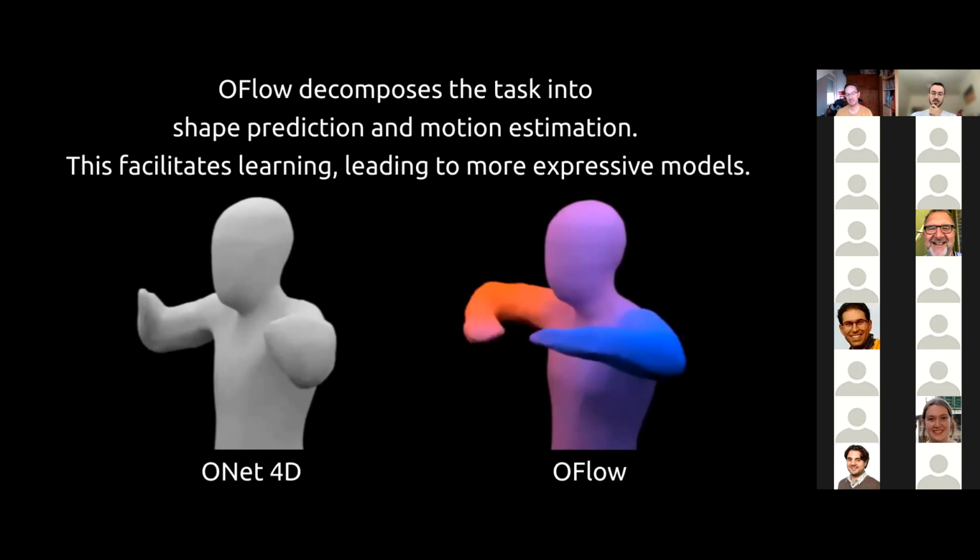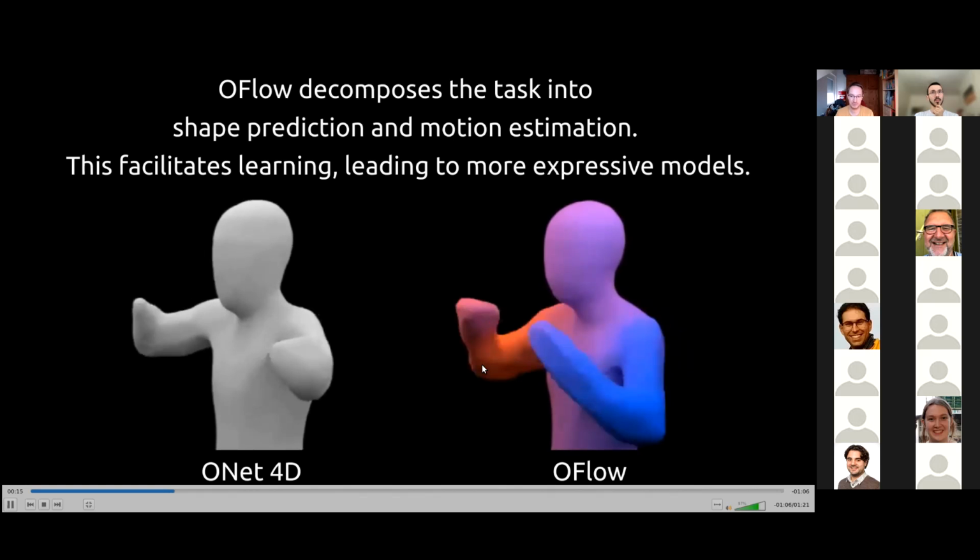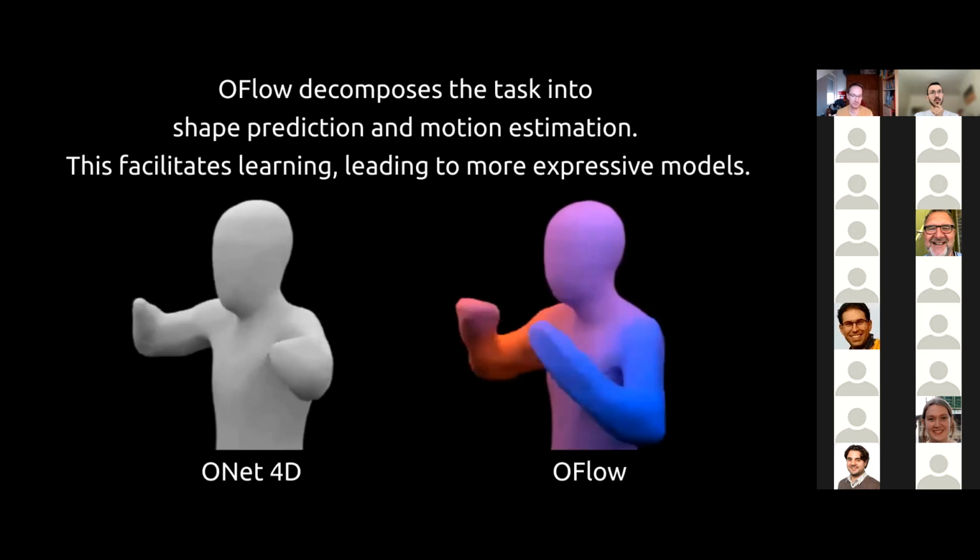And also, despite the fact that we don't need to provide correspondences to the model, we just provide reconstructions at each time step as supervision, the model implicitly and automatically establishes correspondences, which you can see here by the consistency of the color when it moves. So you see that the same part has the same color when it moves over time. And so the model automatically learns to do this because this is the simplest explanation for representing that space-time structure.